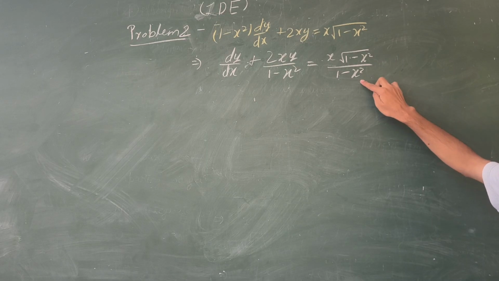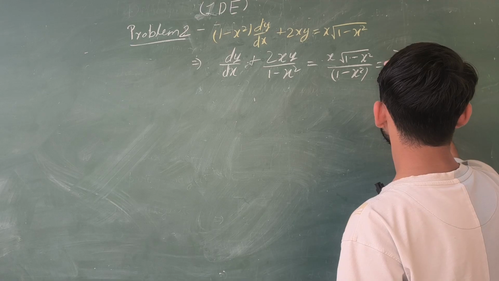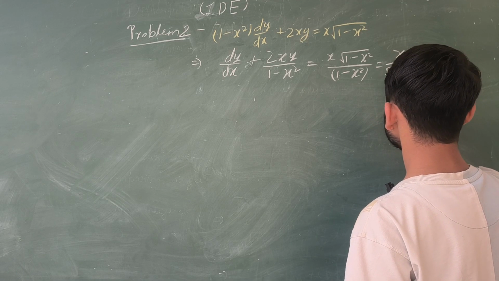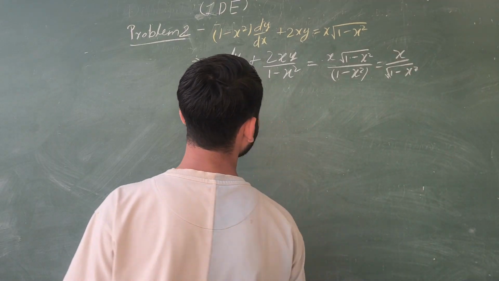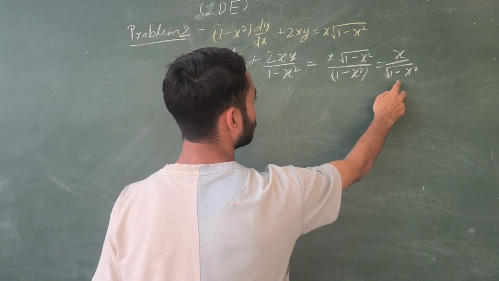This is a root, this is a power 1, so it will be x over under root 1 minus x square, right? So what is our Px? Px is 2x upon 1 minus x square, and this is Qx.